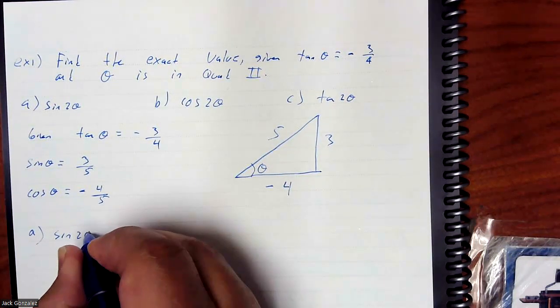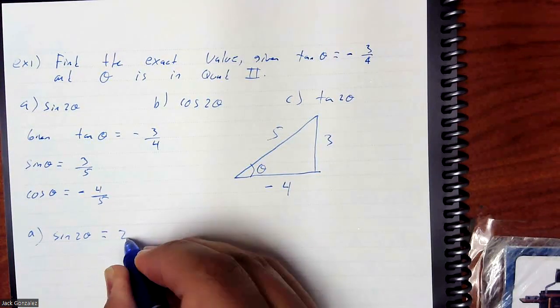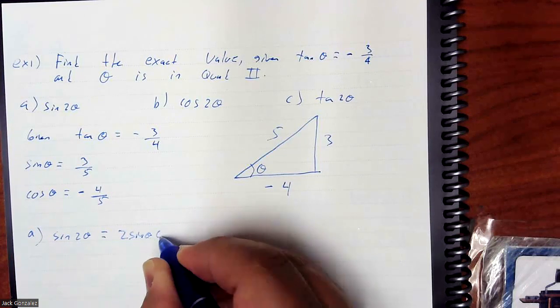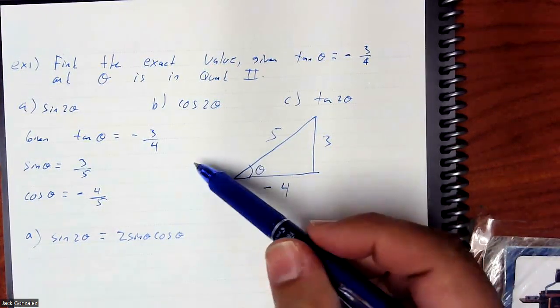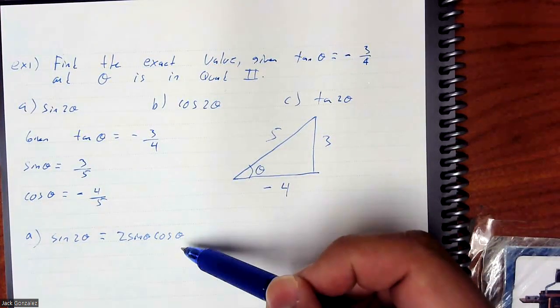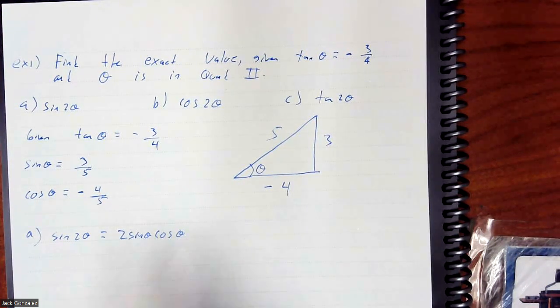So sine 2 theta, use your formula, or your identity. Change it to this: 2 sine cosine. So if you didn't do this work before, you'd have to do it now because you need sine and you need cosine. See what I mean? Got to plug them in here.